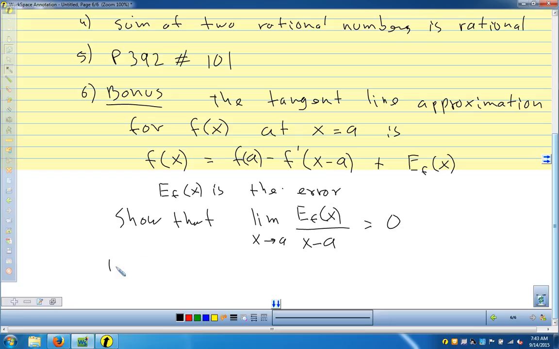And my hint here is you need to know the definition of the derivative. This one looks a little intimidating. It's really not that bad, but it's a little more calculus related.